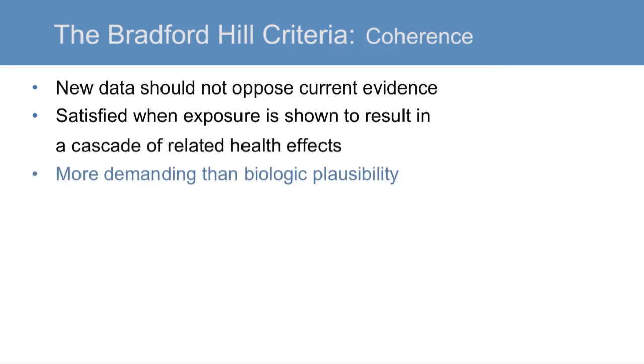The coherence guideline is more demanding than mere biologic plausibility, in that the evidence here must be extensive, cutting across disciplinary lines, all of which mutually support a causal association between exposure and a health outcome.